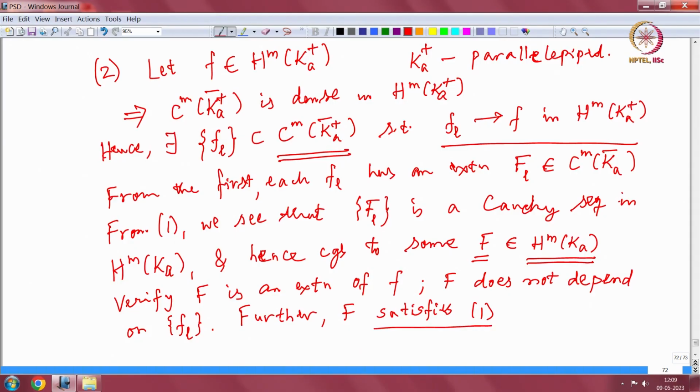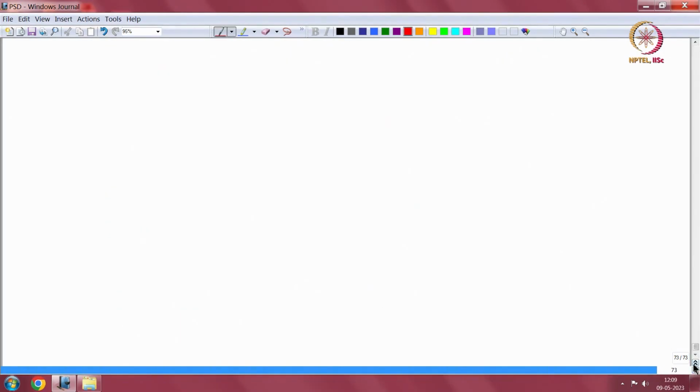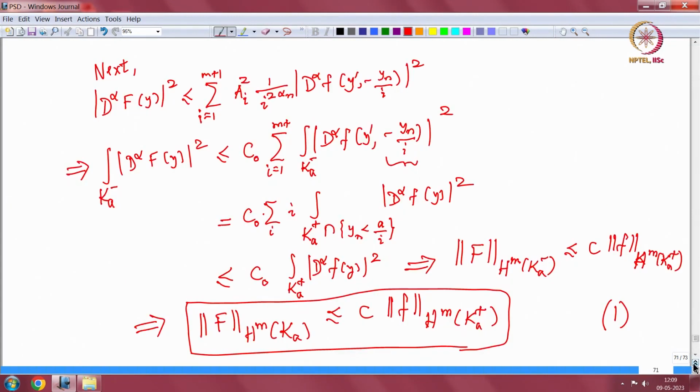The other bound is trivial, namely that, so usually we do not state that, this side. So, since F is an extension, we always have this side, norm of f Hm. This is true for any extension. So, in particular this one is less than or equal to, because f and F coincide on K A plus. Okay. So, that is a trivial inequality.